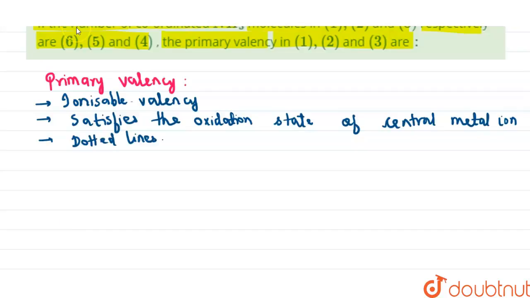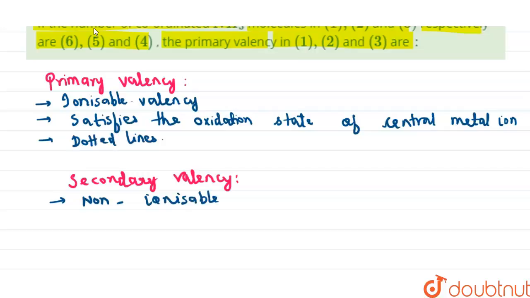Let us consider the secondary valency. Secondary valencies are those valencies which are non-ionizable, and they are directly attached to the central metal atom.